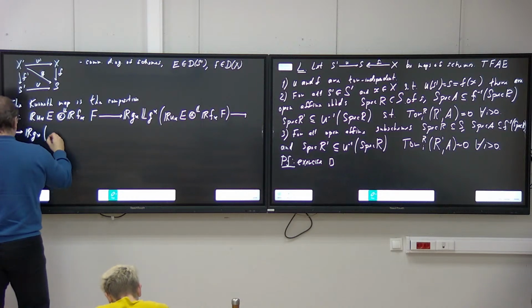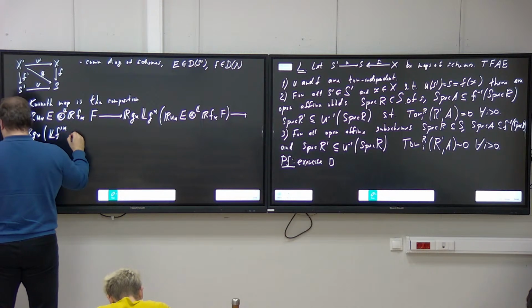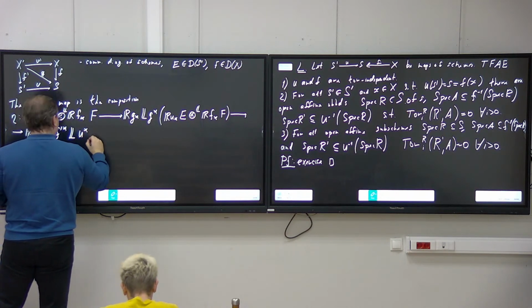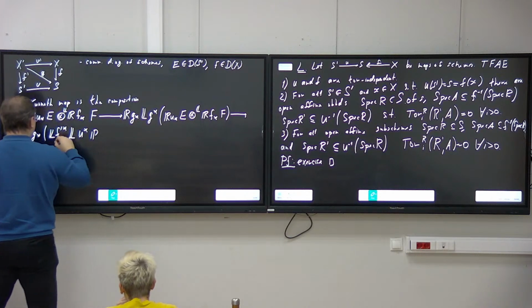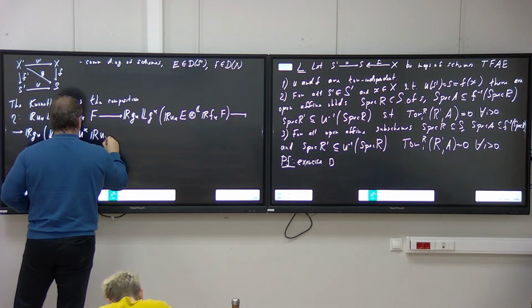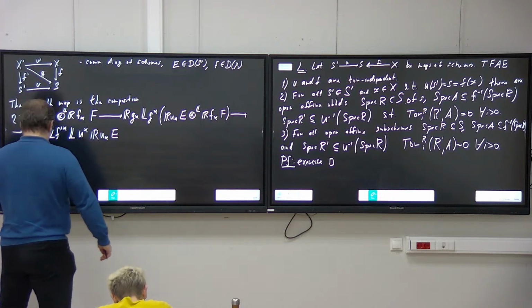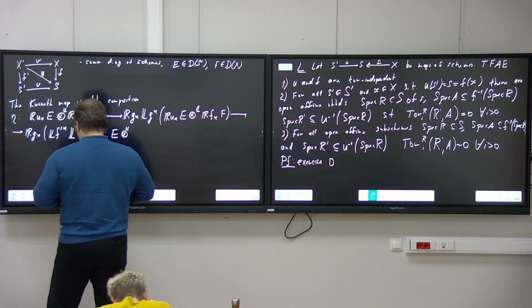So let me write this as the push forward along F prime, push forward along U, and then pull back along F prime, pull back along U, and then let me keep the push forward with U prime on the object. Okay, so the right as a product. Now.